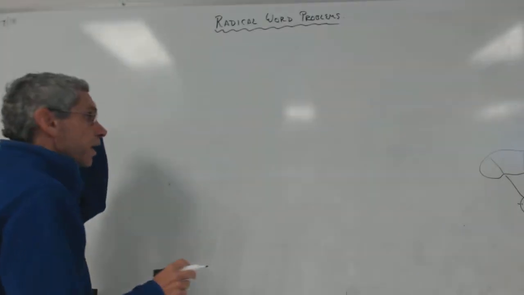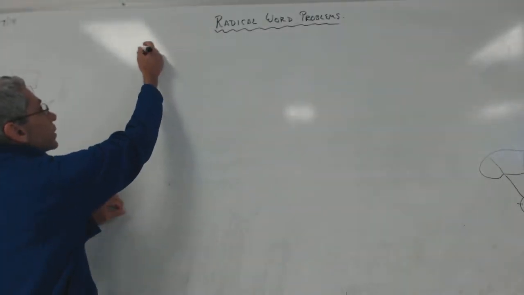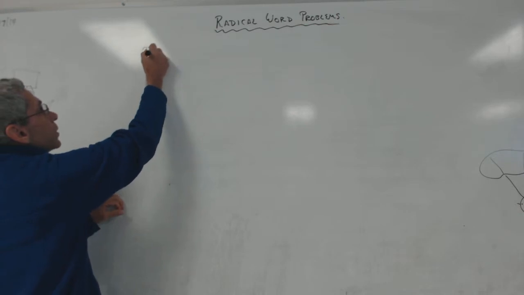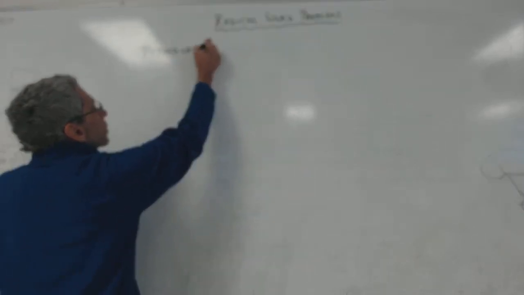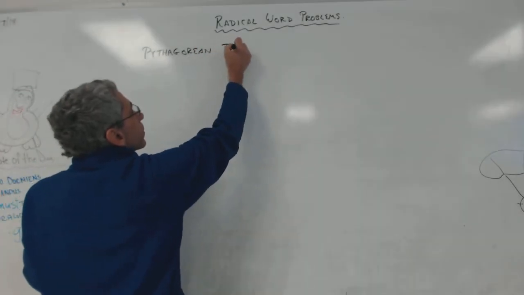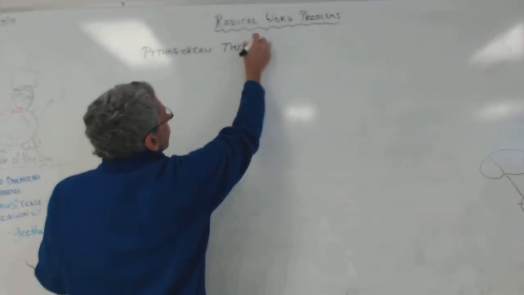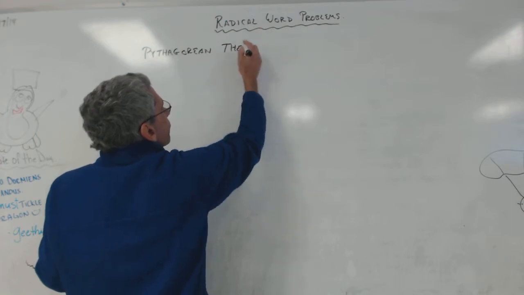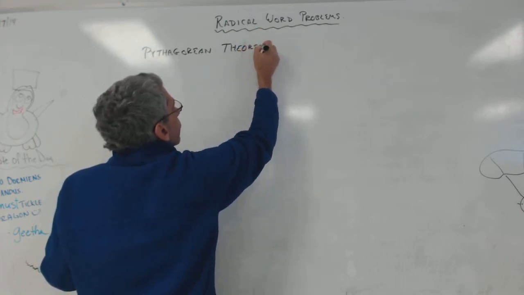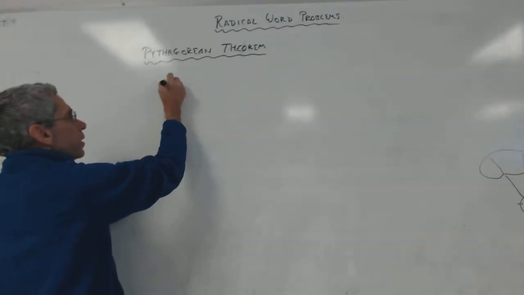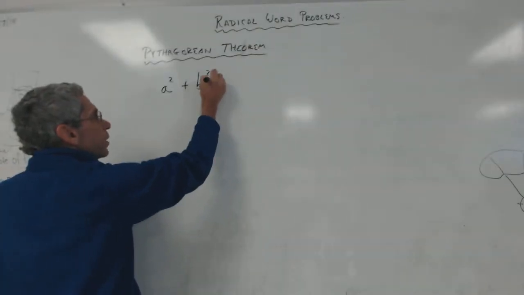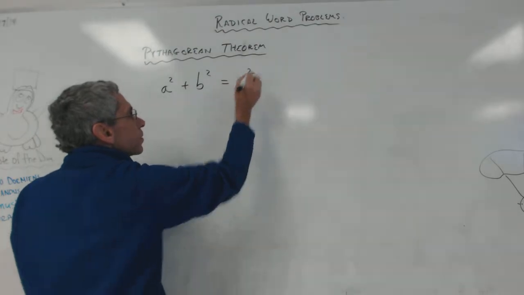But before we do that, we've got to look at a particular formula, which is called the Pythagorean theorem. It's a very, very famous formula. And it says, this is the formula, a squared plus b squared equals c squared.